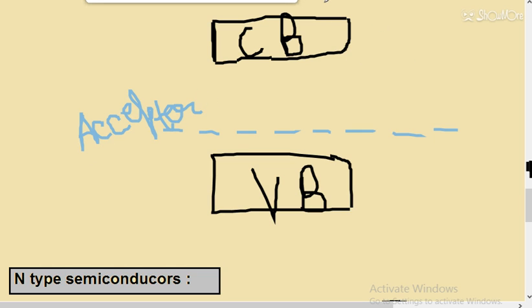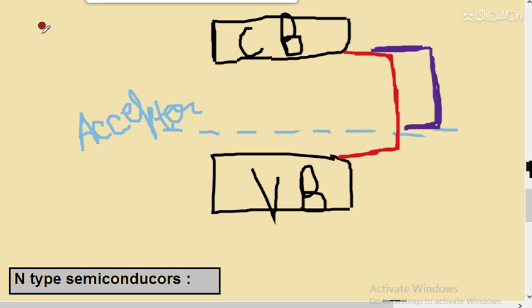Earlier when no doping was there, the energy gap was this one. After the doping of trivalent impurity into the semiconductor, the energy gap remains this one. So the energy gap decreases due to doping.